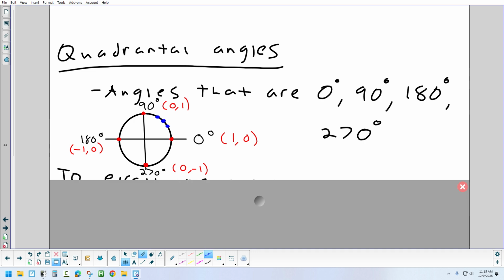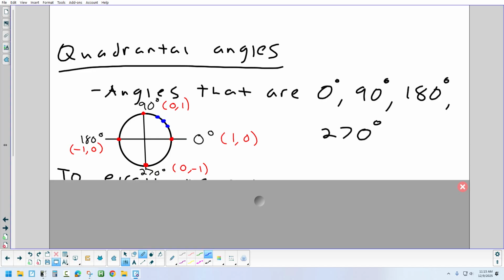Also, if you notice, the 3 blue dots for the 30, the 45, and the 60, they're not equally spaced in the quadrant. Because the gap between 0 and 30, that's a 30 degree gap. The gap between 30 and 45 is 15, and between 45 and 60 is 15.